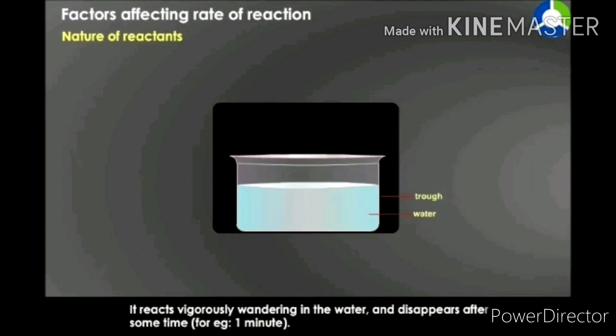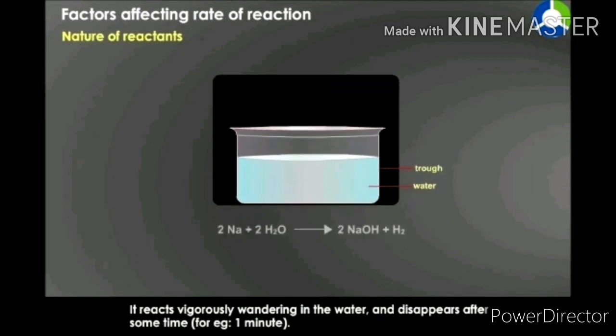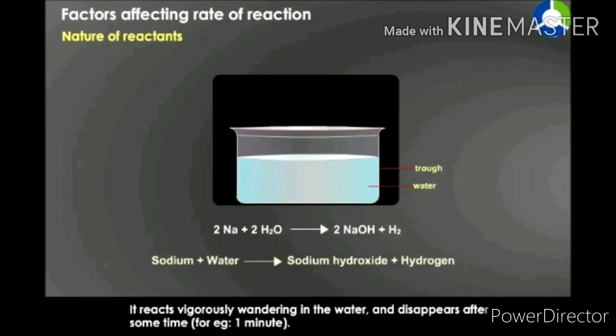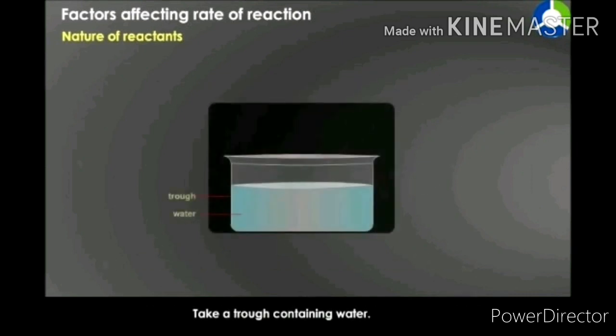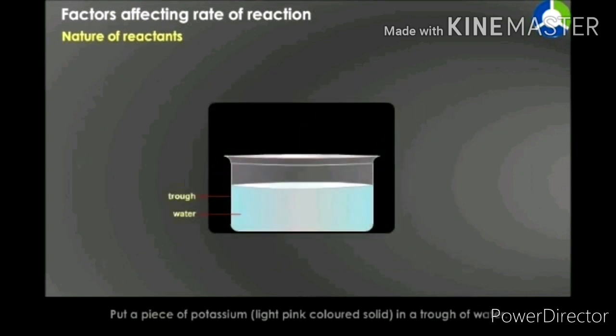So 2Na plus 2H2O gives 2NaOH plus H2. That is, sodium reacts with water to form sodium hydroxide and hydrogen. Now, again take a trough containing water and put some potassium, that is light pink colored solid, in the trough of water. What will you observe?